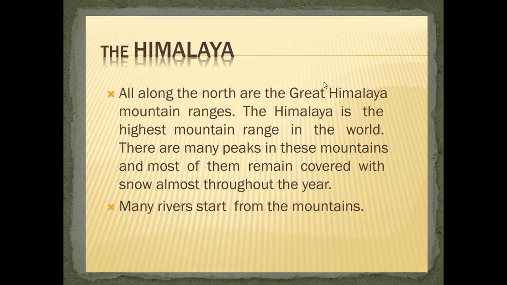The peaks of these mountains are covered with snow throughout the year. There is no vegetation here due to the cold climate. In mountain ranges, some of the mountains are covered with snow throughout the year. That's why there is no such vegetation due to that cold climate. Now tell me the meaning of vegetation.